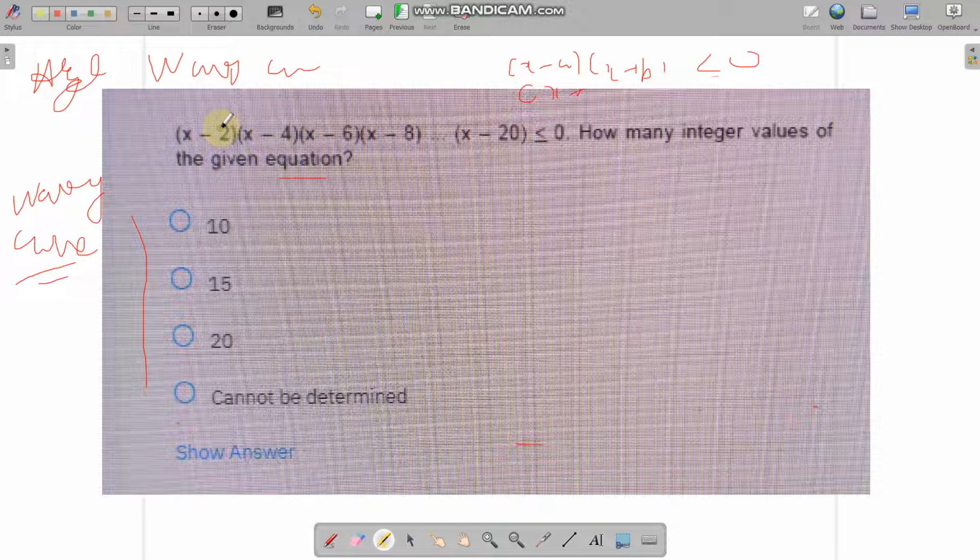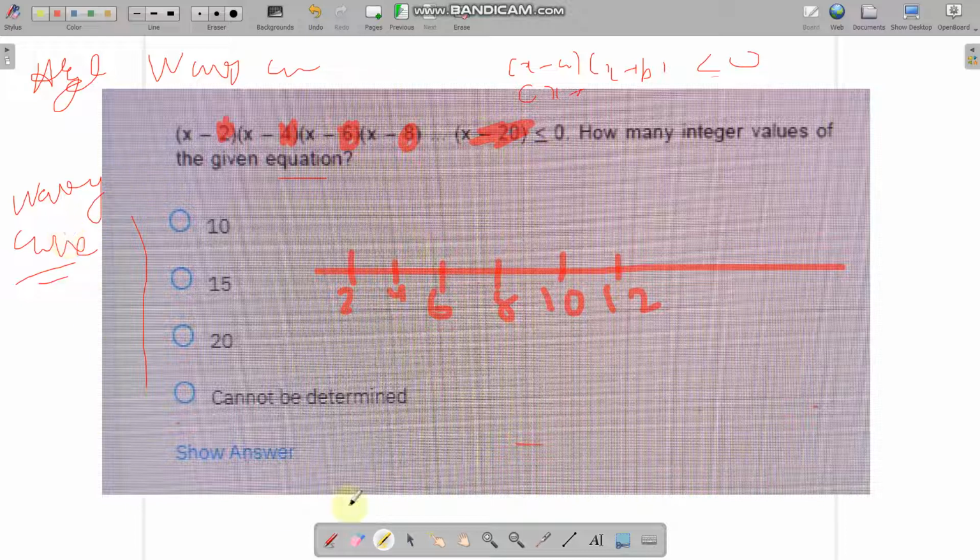The critical points here are 2, 4, 6, 8, 10, 12, 14, 16, 18, and the last one is 20.